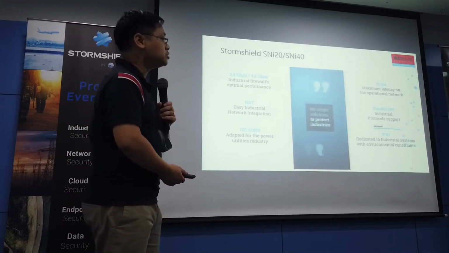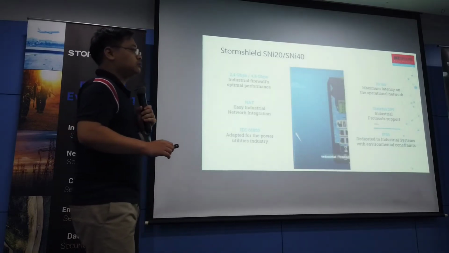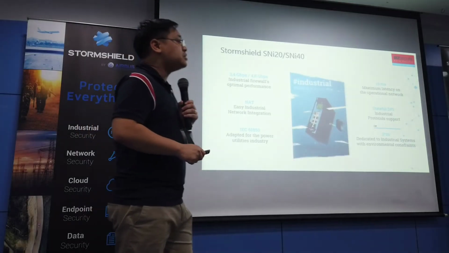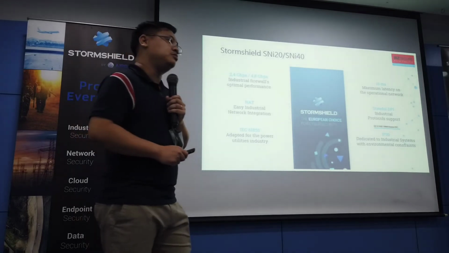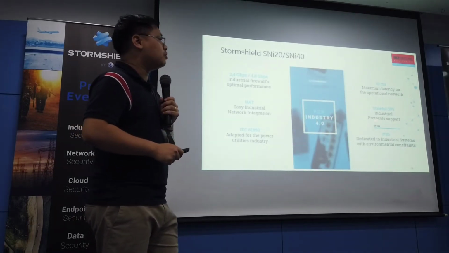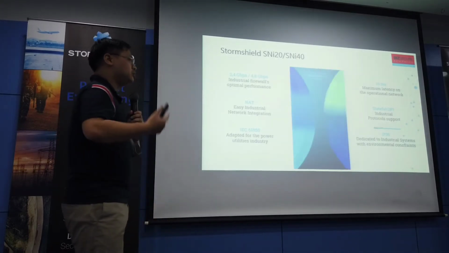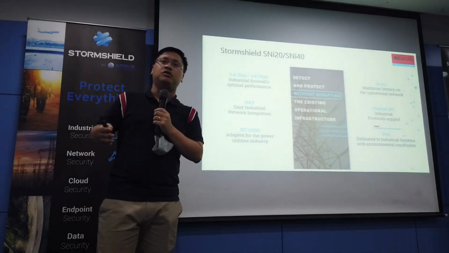In the industry, Stormshield is one of the only, if not the only, firewalls able to do stateful packet inspection on the OT protocols: Modbus, Ethernet, OPC, BACnet, IEC 104.